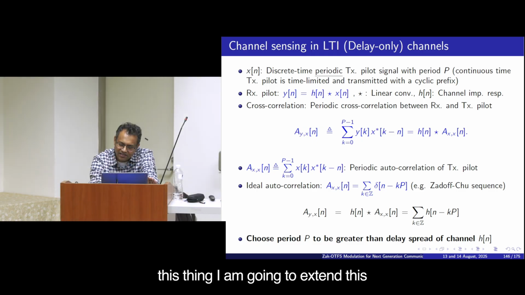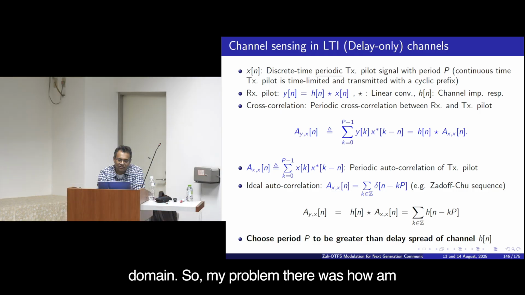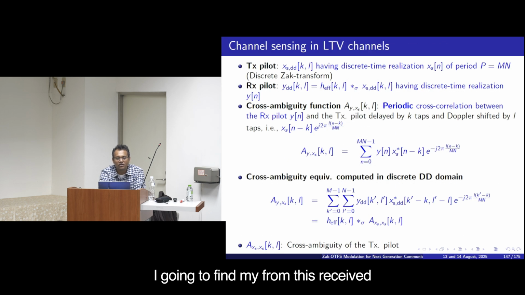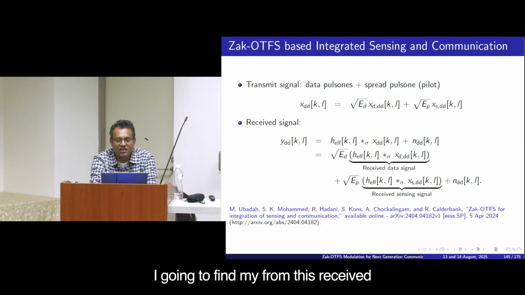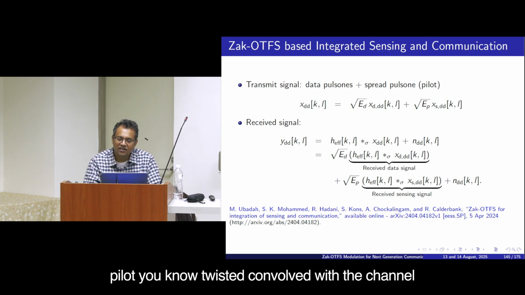Now, I am going to extend this to delay Doppler, and not just time domain. My problem there was how am I going to get back my H effective from this received signal, which has all this data and noise and also the spread pilot twisted convolved with the channel?